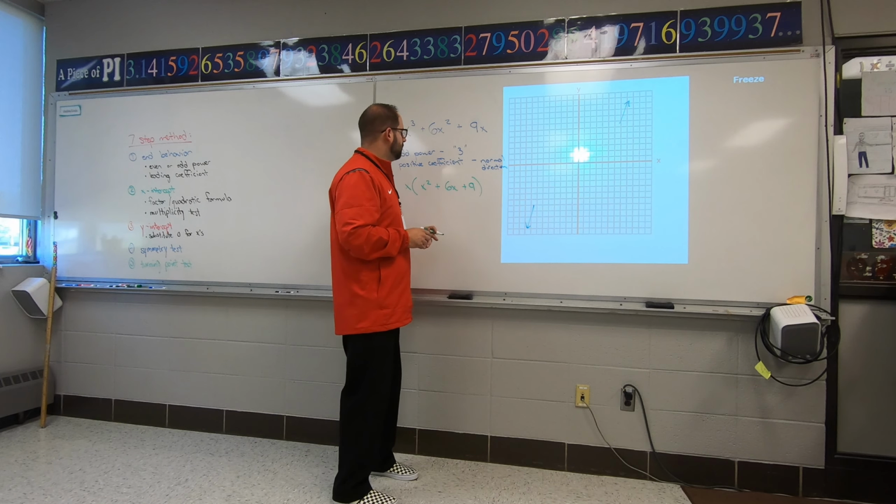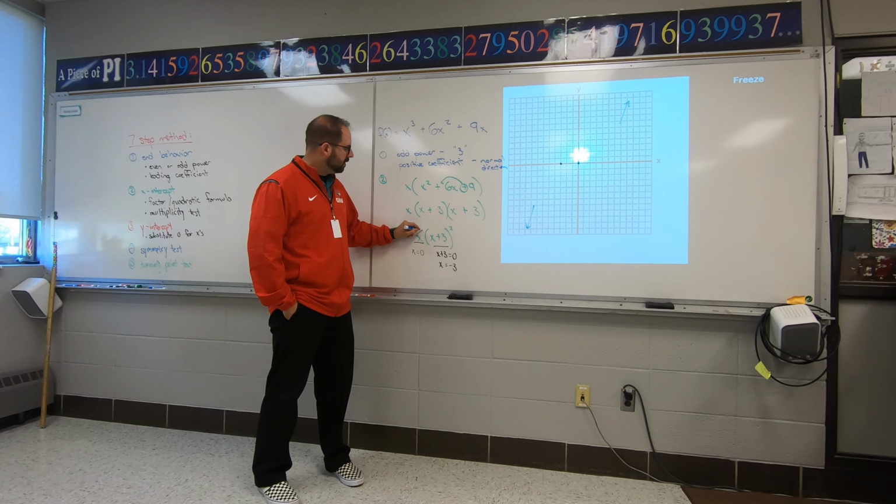Okay, now we're not done yet. We factored, we figured out my x-intercepts. Perfect. Multiplicity. Now we got to figure out, are we going to pass through or are we going to bounce? So that's what we're going to check. How you check multiplicity, you look at each x-intercept after you factored. What is the power on this x? 1.